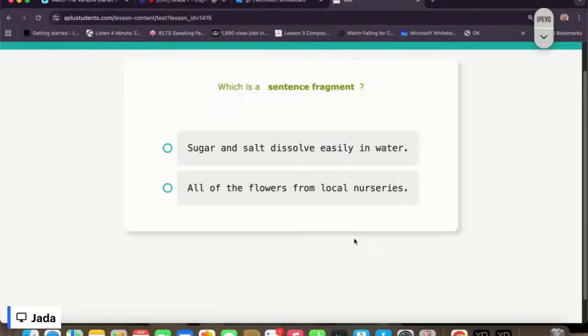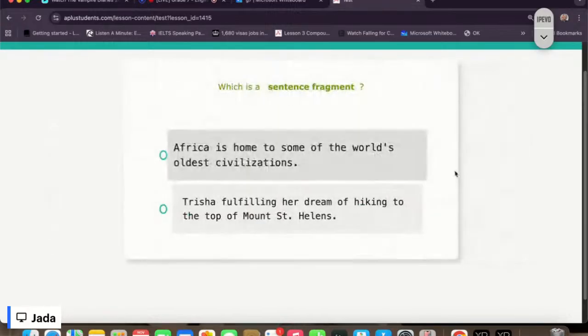All right, so we have all of the flags from local nurseries, because it's missing a helping verb.